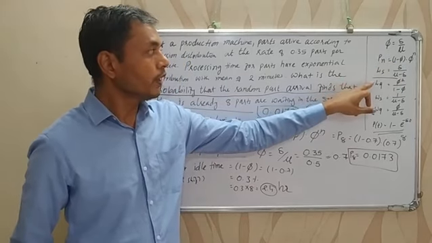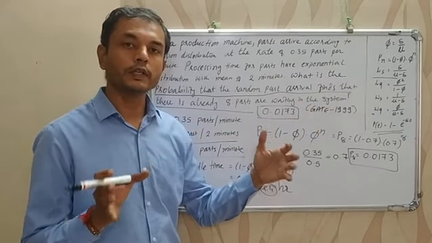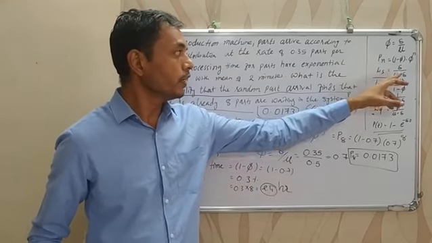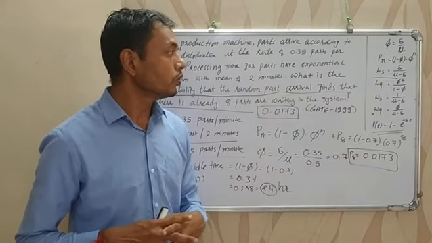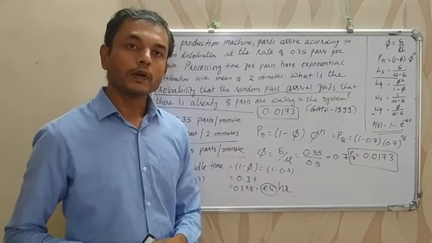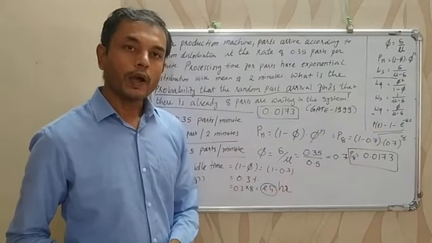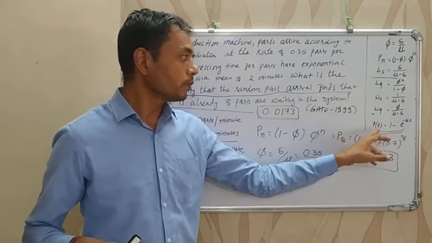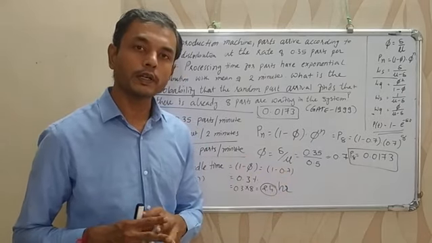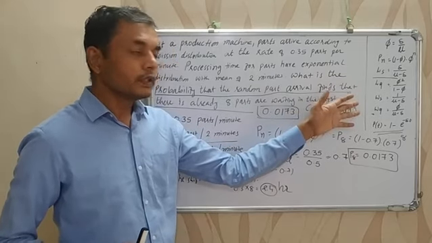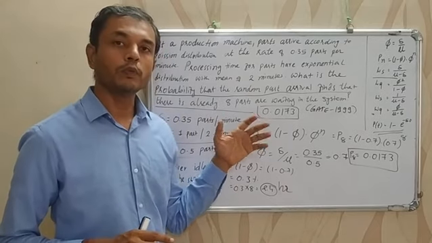Then the length of the queue in the system, that is the number of customers waiting in the system, is delta divided by mu minus delta, and the number of customers waiting in the queue is rho square divided by 1 minus rho. Similarly, there are the waiting time of the customer in the system and in the queue, and the probability of having customers at a particular time instance t, that is probability of t is equal to 1 minus e raised to minus delta t. So by remembering this many equations, you can solve the various problems of queuing theory, especially for the first model.